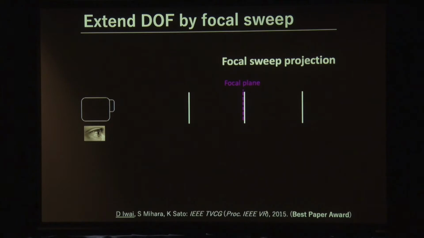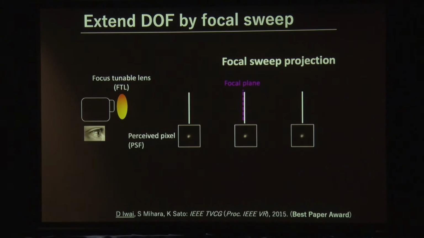In our focal sweep projection system, we place a focus tunable lens, and we modulate its focal length back and forth very fast, faster than 60 Hertz, so that human observers cannot perceive the modulation. Then the perceived projected pixel forms the same spatial intensity pattern, which is called the point spread function, or PSF.